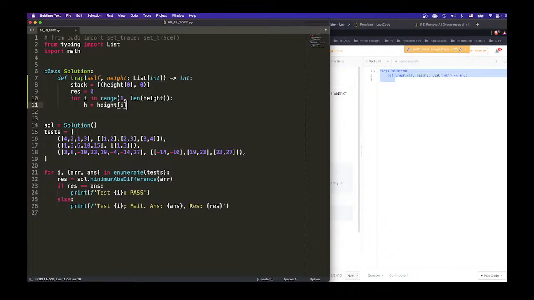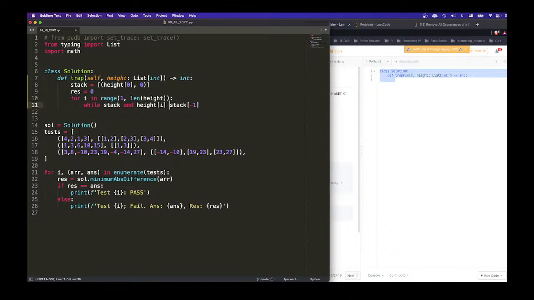And I would just say while stack and stack minus 1, when I say height[i], if this is larger, all right, for this, let me think about it. Yeah, if it's larger. So if it's smaller, we just put it.